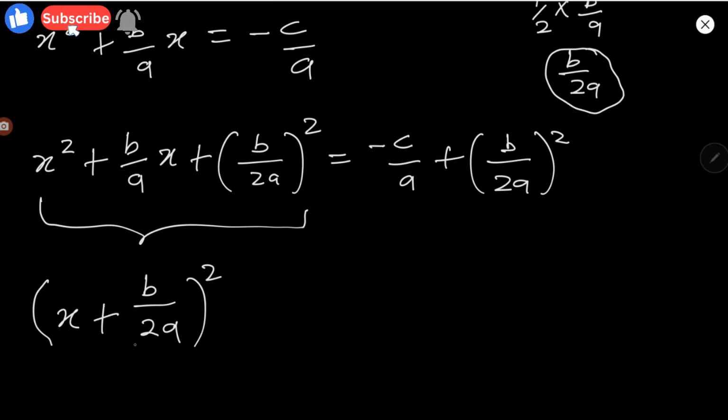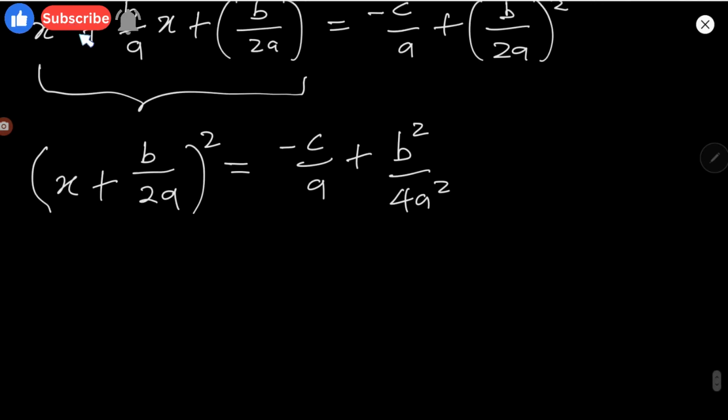So you realize that when we expand this, we'll get this, but we want the compressed form. So we'll say this is equal to, we have minus c over a plus, so we will expand this and we'll have b squared over 4a squared. Okay, so at this stage we maintain the left hand side the way it is.